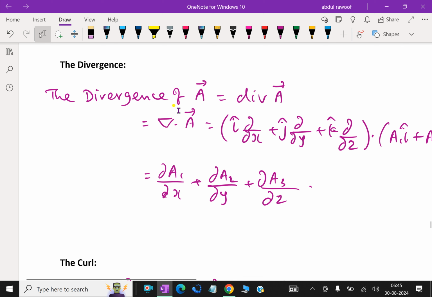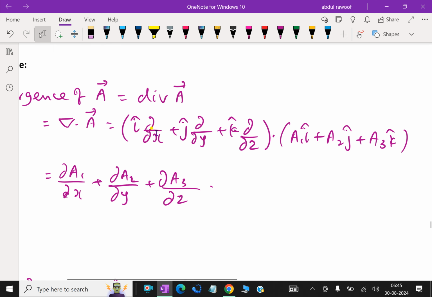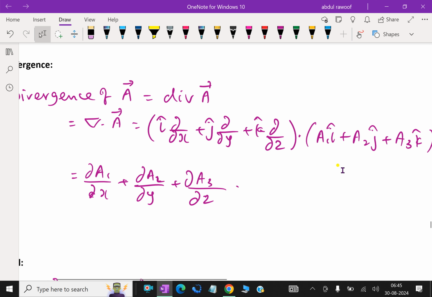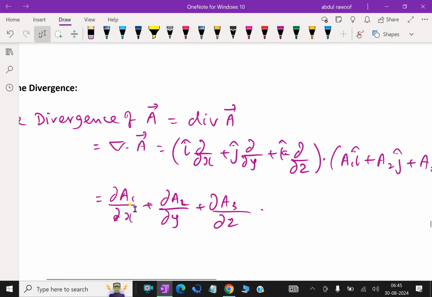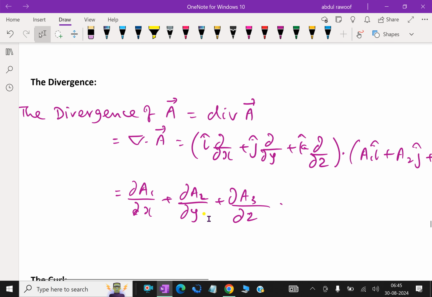Del dot A is called the divergence, which equals i vector dou by dou x, where dou means partial derivative, plus j vector dou by dou y plus k vector dou by dou z, dot vector A, which can be written as A1 i plus A2 j plus A3 k. This equals dou A1 by dou x plus dou A2 by dou y plus dou A3 by dou z, which is called the divergence.